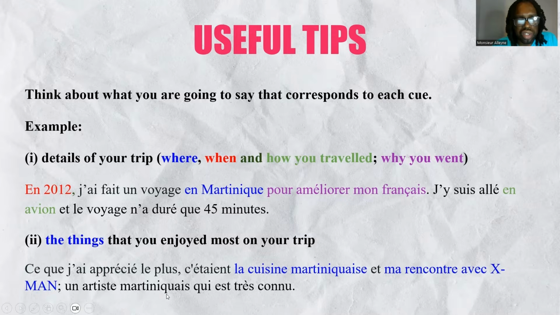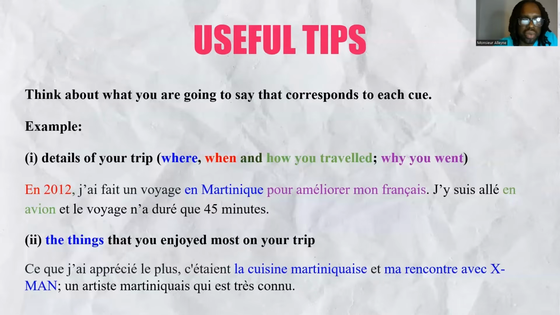A Martinican artist who is well known. All right. So as you can see, the things that we enjoyed the most here are highlighted in blue. And that is la cuisine martiniquaise et ma rencontre avec X-Man. All right. And this sentence here is just basically explaining who X-Man is. All right. A well-known Martinican artist. All right, let's look at cue number 3.